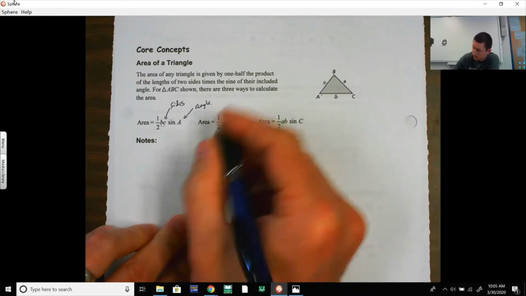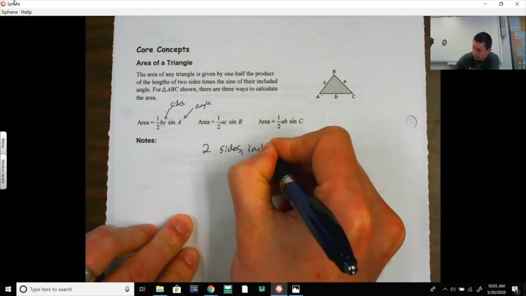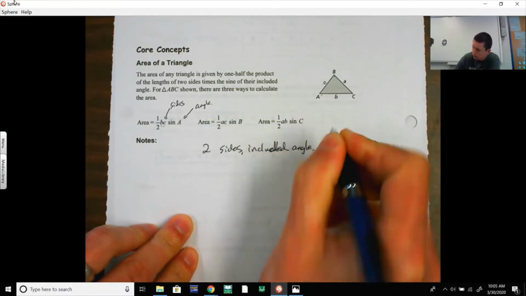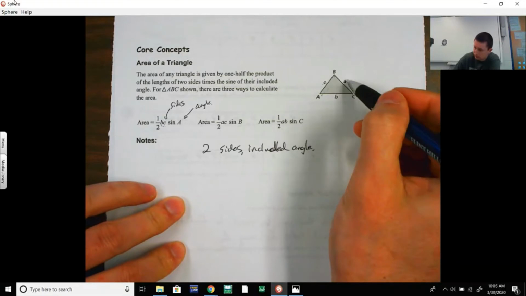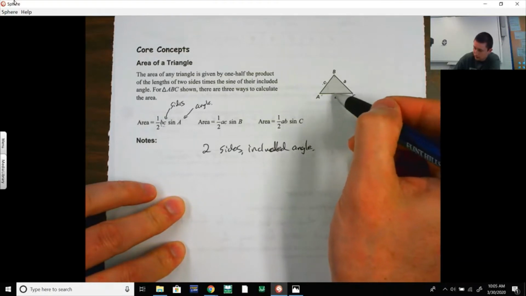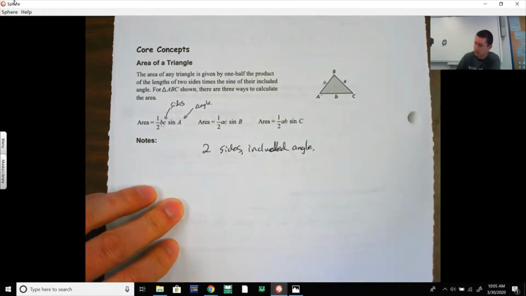You have to have two sides and what we call the included angle. Two sides and the included angle. So if I know a, b, and C, I'm going to take a times b times 1/2 times the sine of C. With two sides and the included angle, you can figure out the area of that triangle.